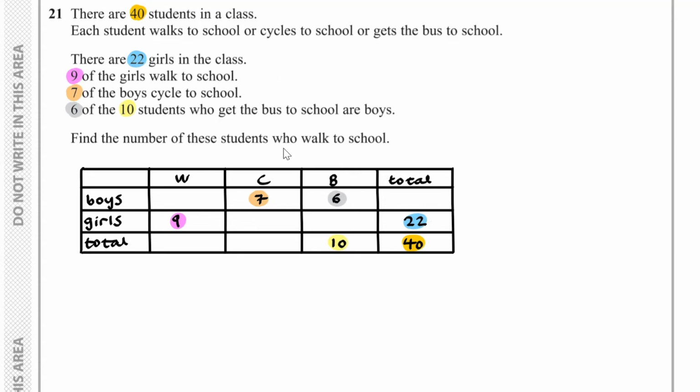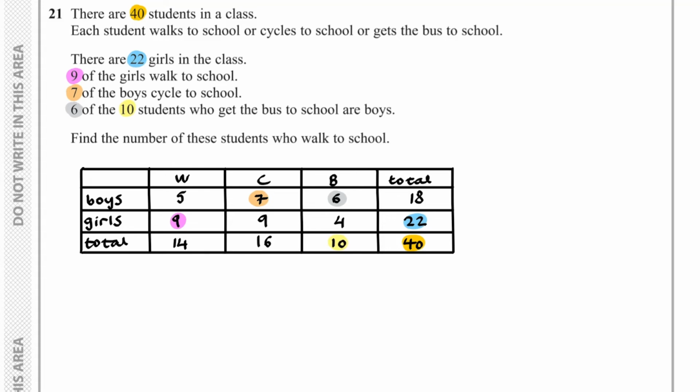And we have to find out the number of students who walk to school. Well, if we complete this two-way table, 40 take away 22, that's 18. 10 take away 6, that's 4. 18 take away 6 take away 7, that's 5. 5 plus 9, that's 14. 22 take away 4 take away 9, that will be 9. 7 plus 9, that's 16.